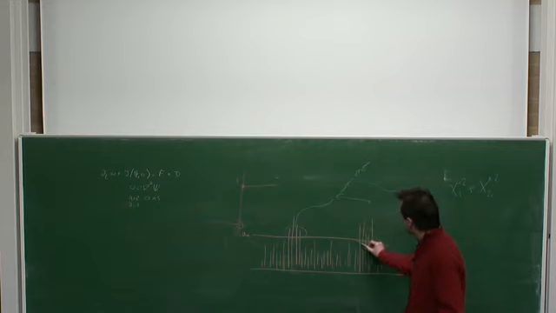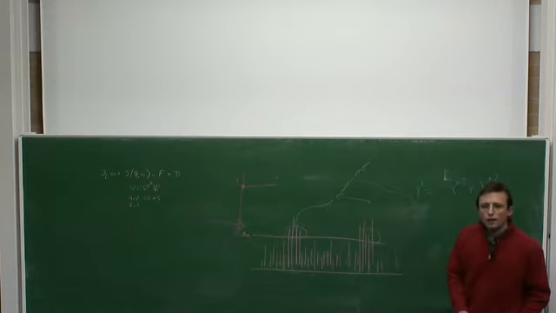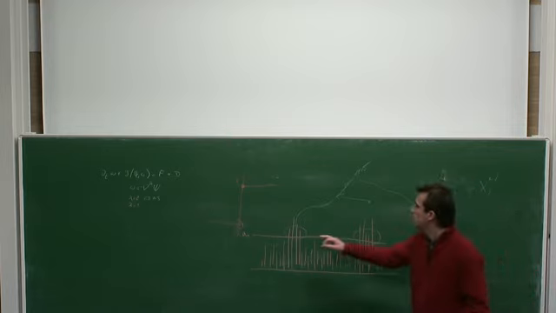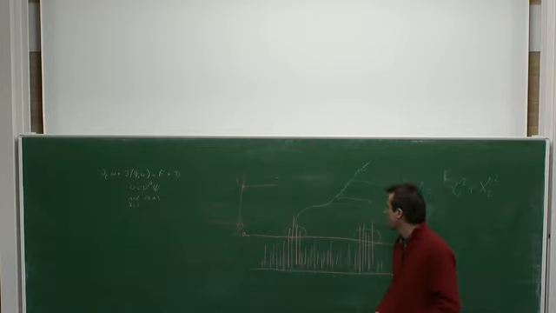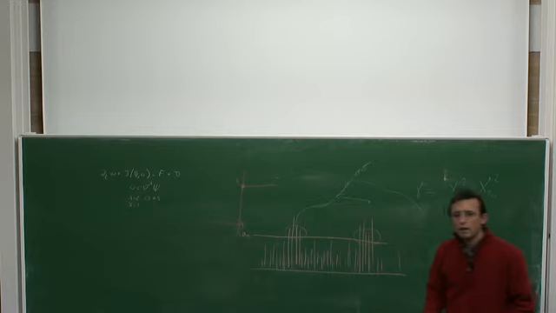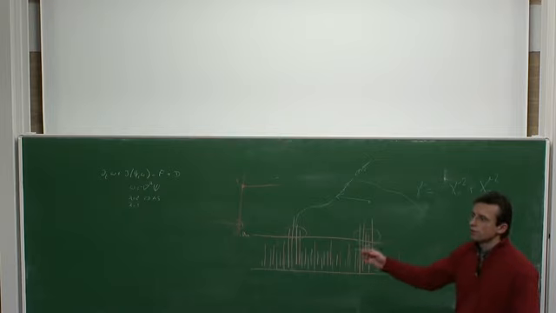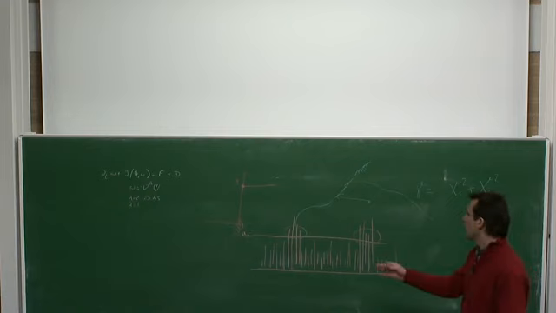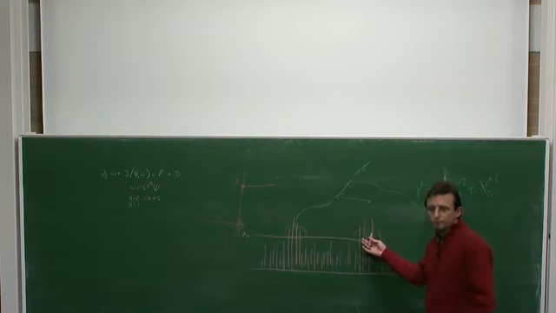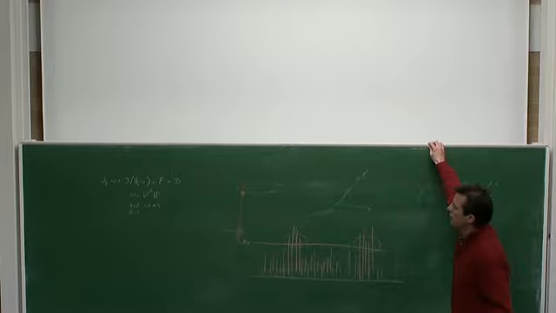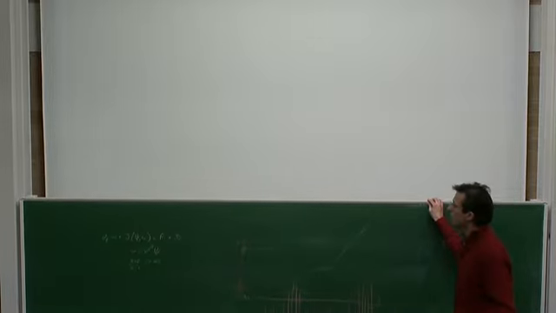And the size of these clusters is measured by the extremal index, in the sense that the average size of the cluster, so this would be a cluster of size 4, this would be a cluster of size 5, is 1 over theta. So intensive clustering means that theta is close to 0, and no clustering means that theta is 1. Okay? So basically that's the interpretation of the extremal index.